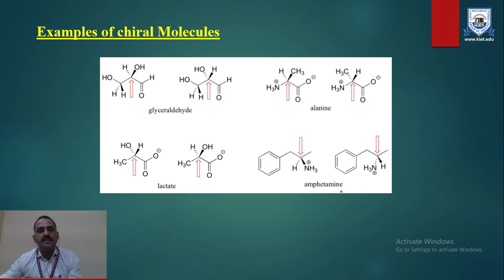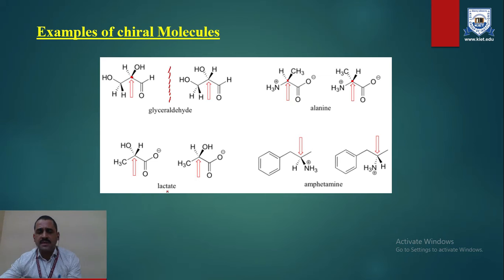So here we have some examples of chiral molecules. Each red arrow shows a point of carbon which is a chiral carbon. Here we have glyceraldehyde with its mirror image, with a mirror in between. Another example is alanine, which is an amino acid. Again we have the two mirror images with their chiral carbon present here and here.